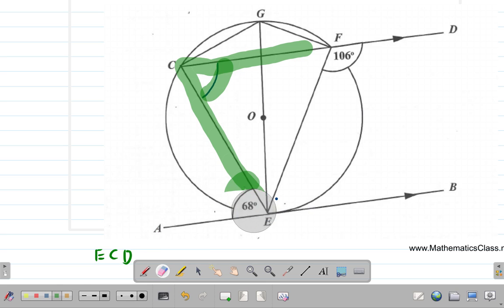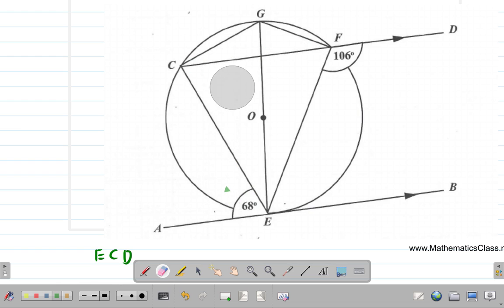So AEC is equal to ECD because they are alternate angles. This has 68 degrees, so ECD has 68 degrees.